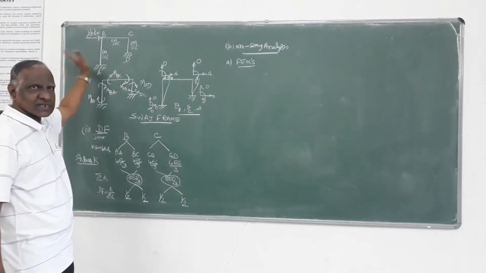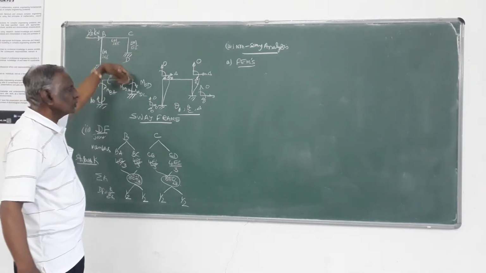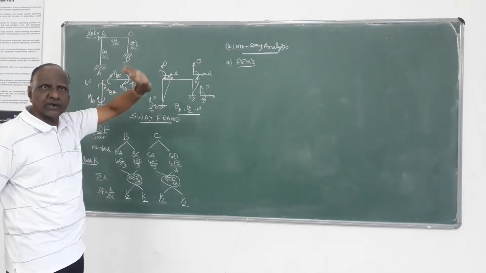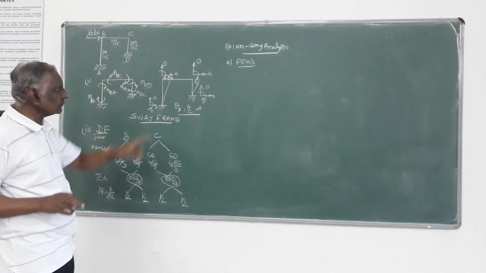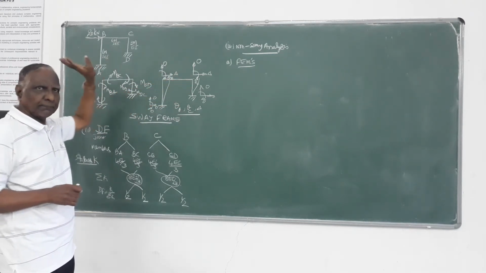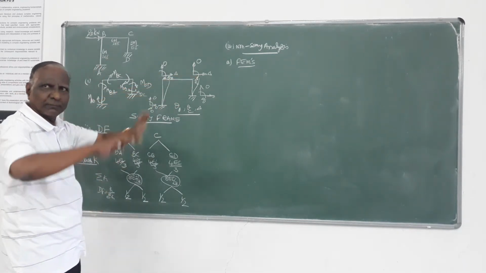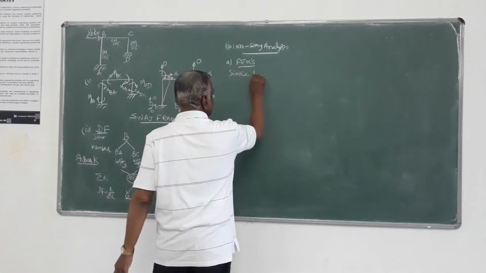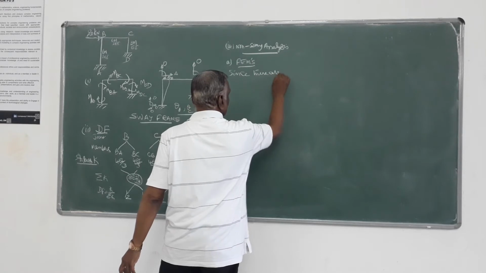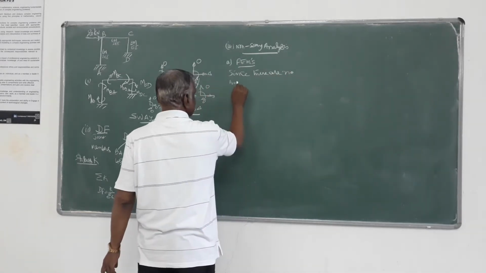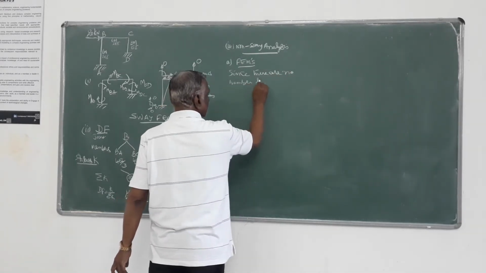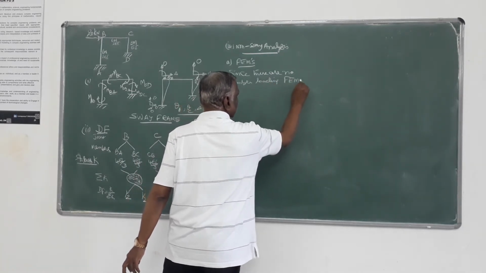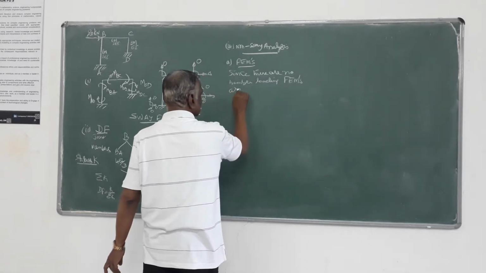Member AB has no member load, BC also no load, CD also no load. But this load is acting at the joint, not on the member. So there are no member loadings. Hence, fixed end moments, FEMs, are 0.